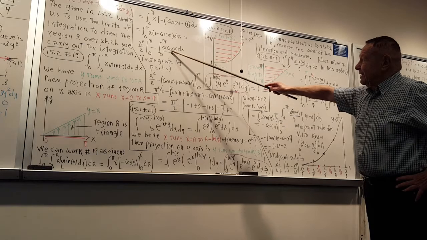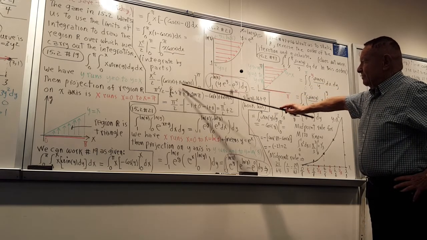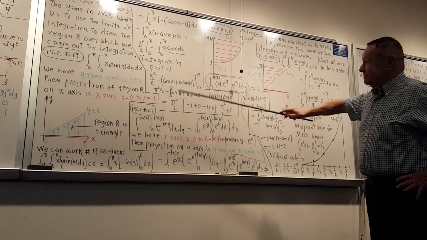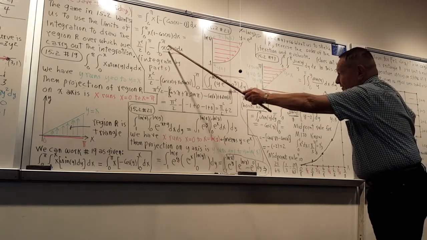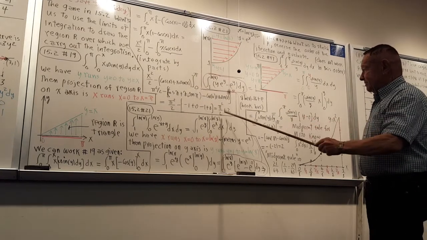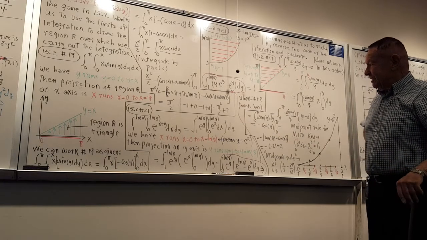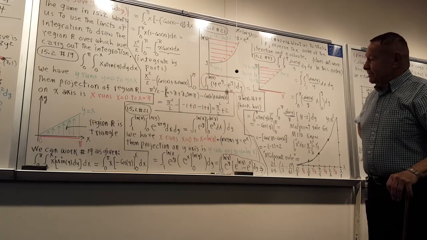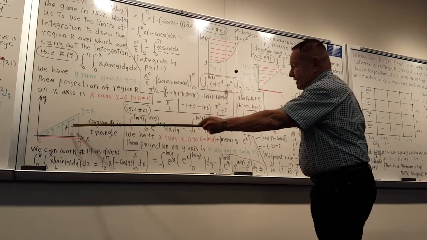And what you get for x cosine is cosine plus x sine x. If you take the derivative of this, you'll get back to that. And then put in your limits, and you finally get the number, and this is what the book says it is. So this is one where they want you to identify the region.